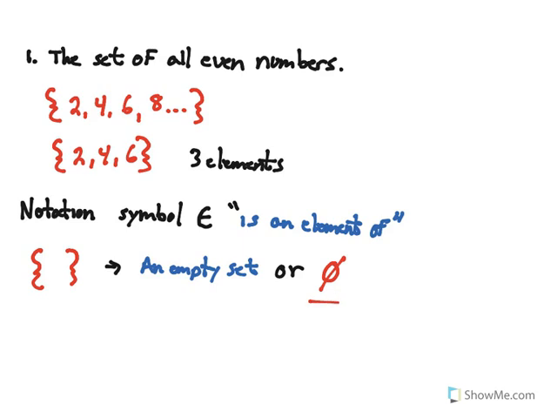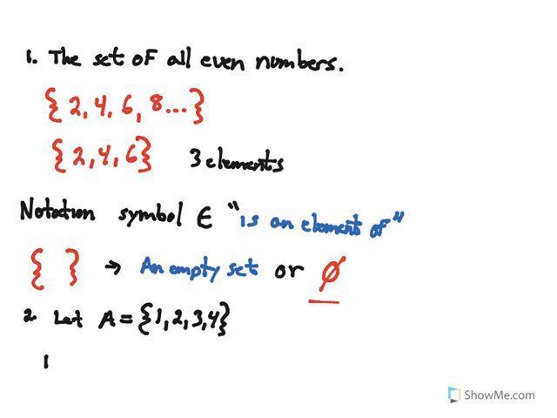So let's look at an example. We're going to let A be representative of a set: 1, 2, 3, 4.